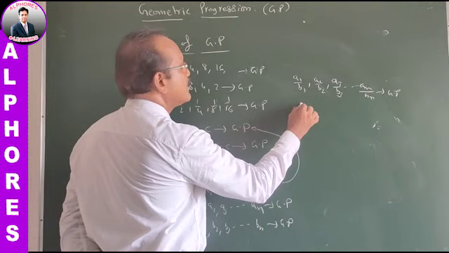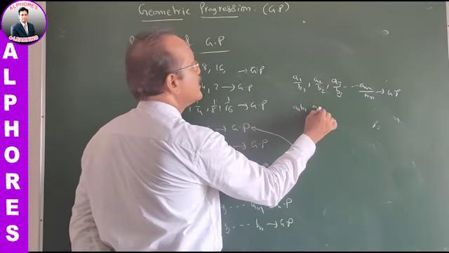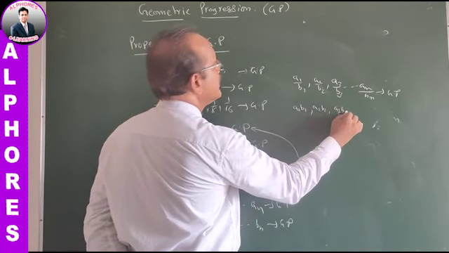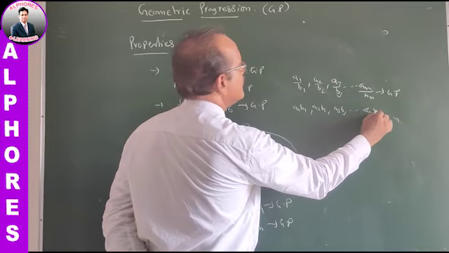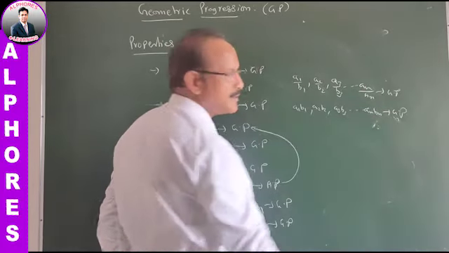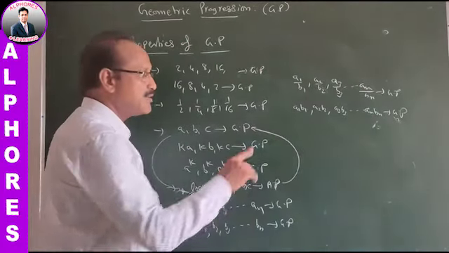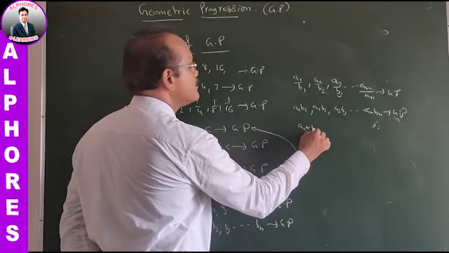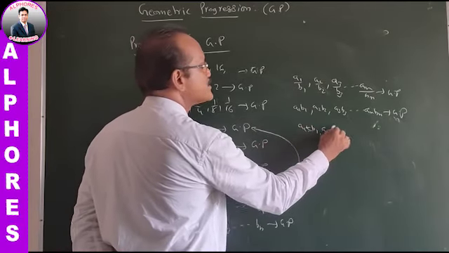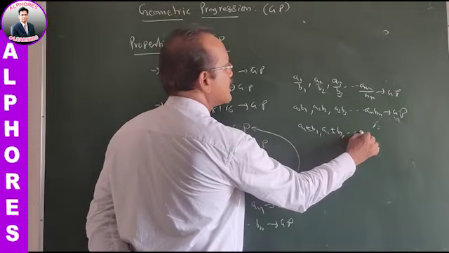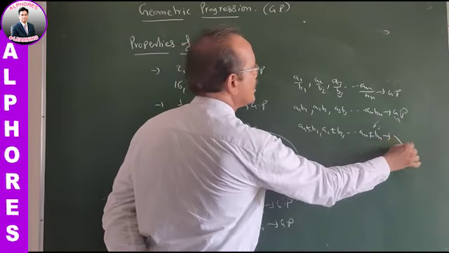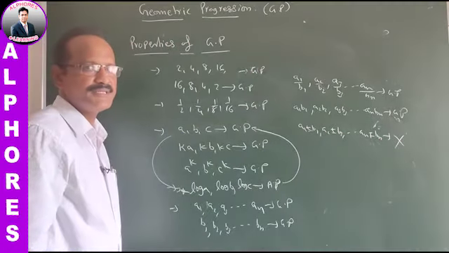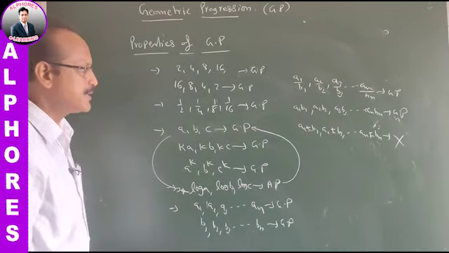Right? A1 into B1, A2 into B2, A3 into B3, etc., AN into BN is also in GP. But A1 plus or minus B1, A2 plus or minus B2, etc., AN plus or minus BN is not in GP. Right? Okay.